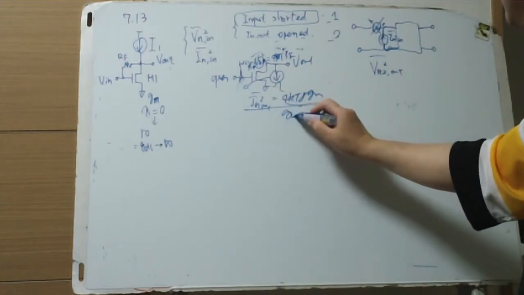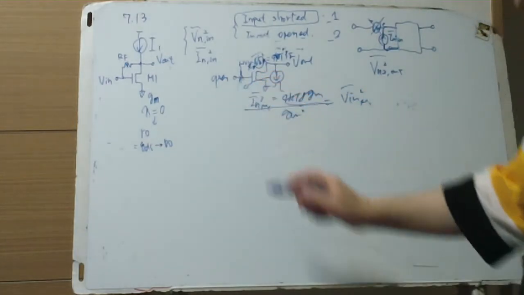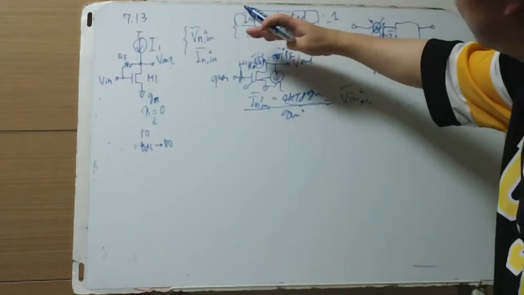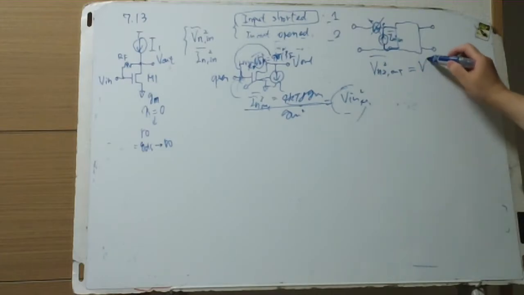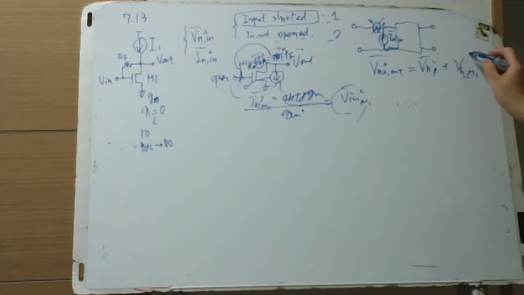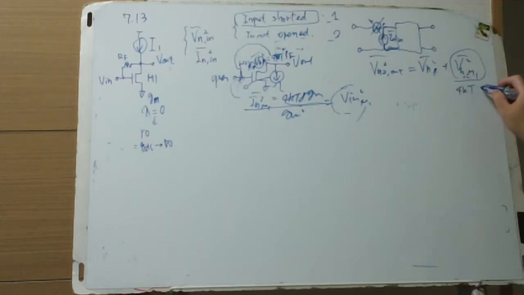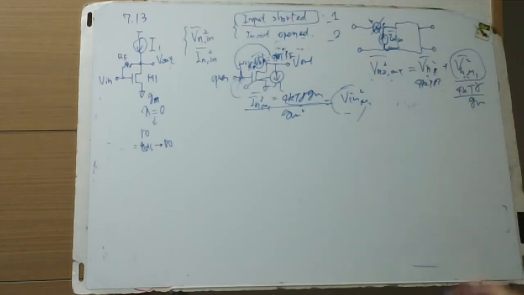Divided by gm squared means Vn M1 squared virtually appeared, and that equivalent circuit means V out equals this noise in series with this noise. So Vn R squared bar plus Vn M1 squared bar. This is derived by Lemma 2, which is 4kT gamma gm divided by gm squared equal 4kT gamma over gm. And this is 4kTR. So Vn2 out squared equals 4kTR plus 4kT gamma over gm.